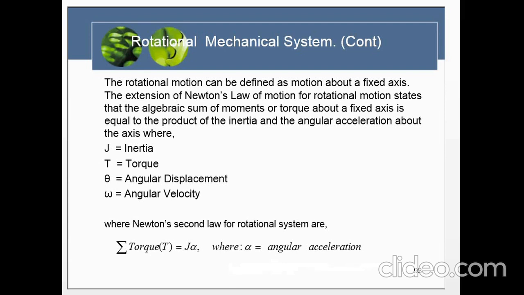Based on Newton's second law for rotational systems, torque is equal to J alpha, where alpha is angular acceleration.